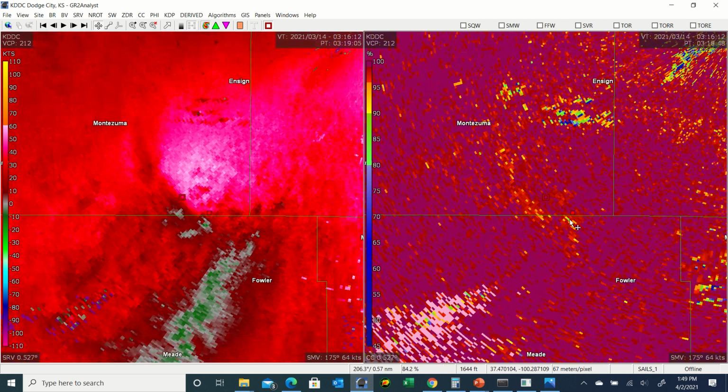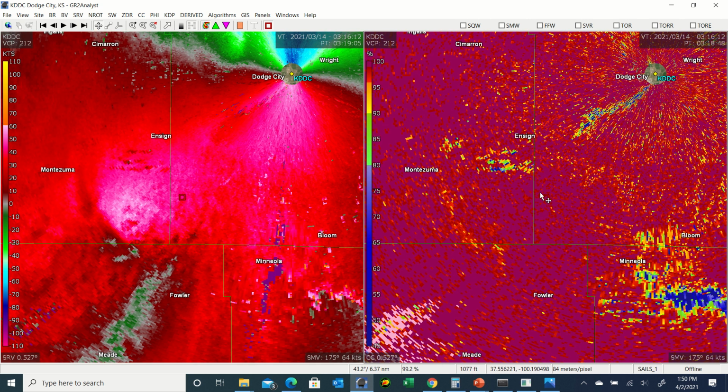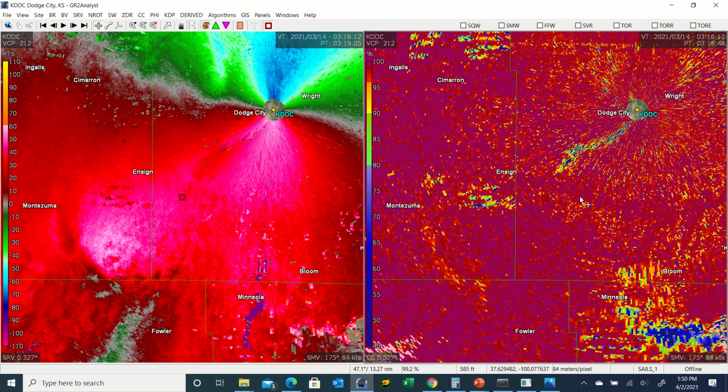Another thing we could talk about here is you should really at least try to make an effort to get to know your local radar. So I know we have a bunch in Ontario, and down there usually you get 1 or 2 per office, but the point is you want to get to know the local effects. So here, this is a wind farm near, I guess, between Montezuma and Ensign.